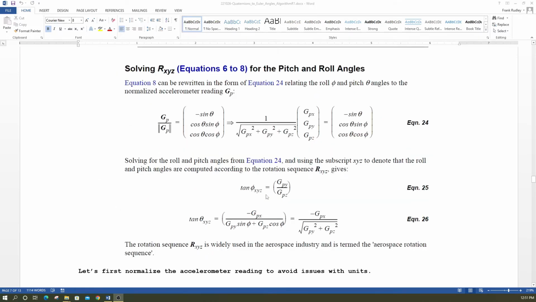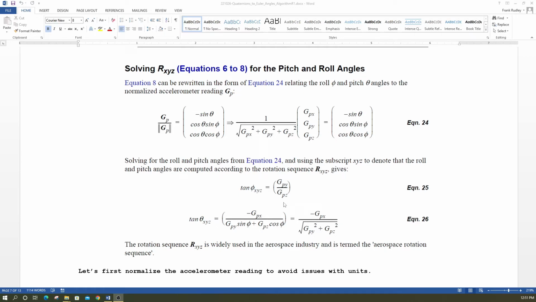You can see the equations here: the tangent of phi is the y acceleration over the z acceleration, and likewise the pitch angle theta is the minus x component of acceleration over the square root of the squares of the y and z components. So this is the formula also.